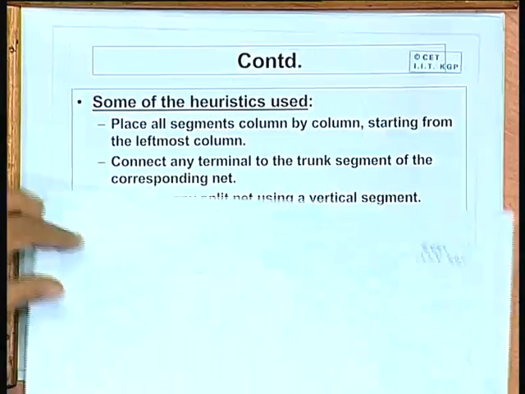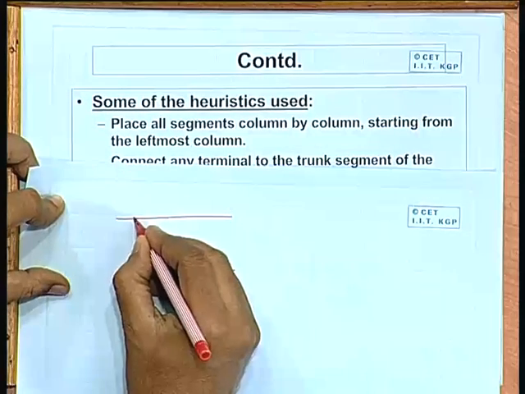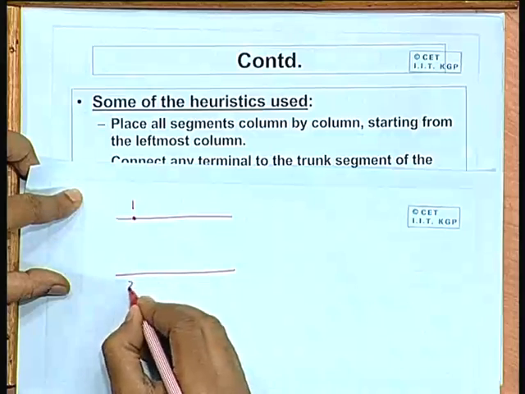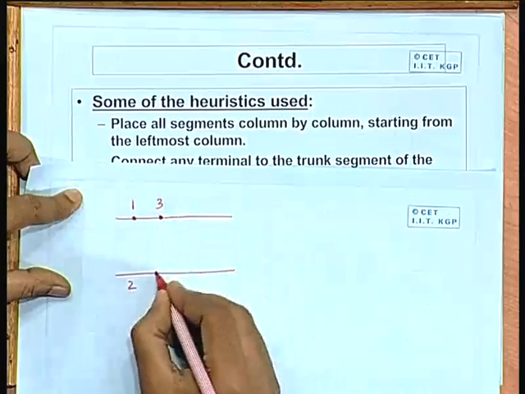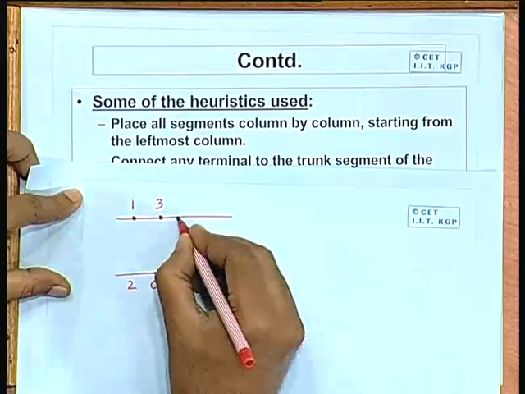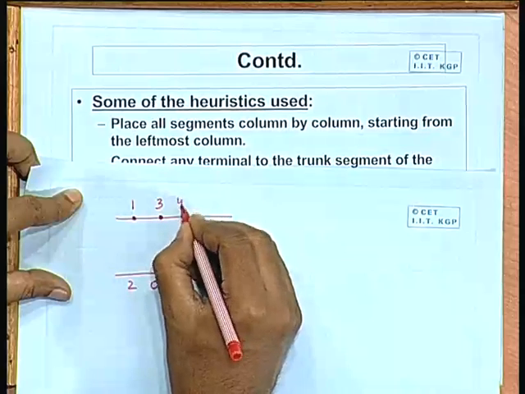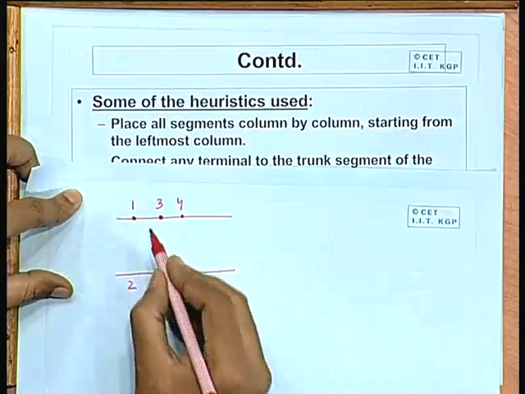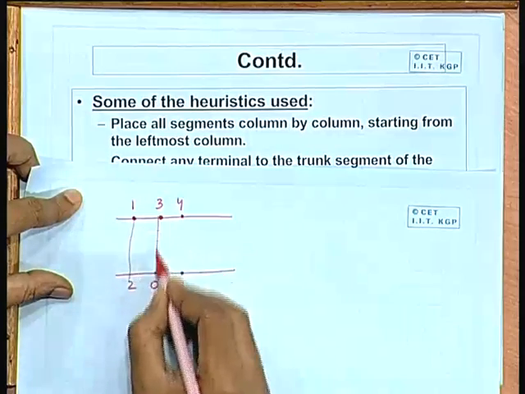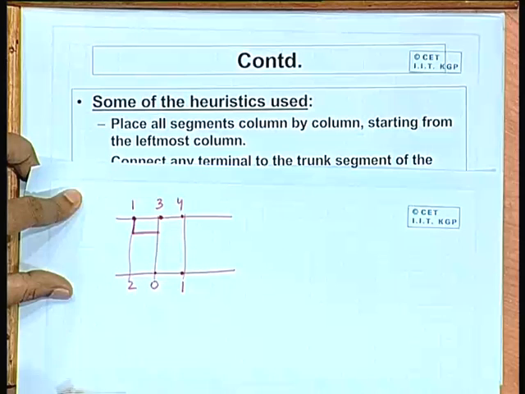This says that if you have a channel which, suppose in the first column position you have 1 and 2, in the second column position say you have 3, there is no connection, here you have say 4 and you have 1. Then you proceed column by column. In the first step you start net 1, you start net 2.